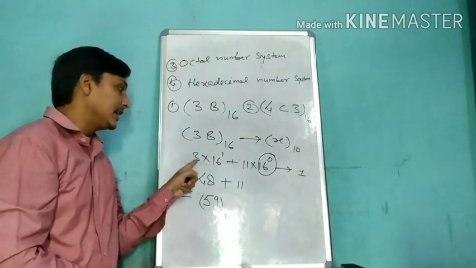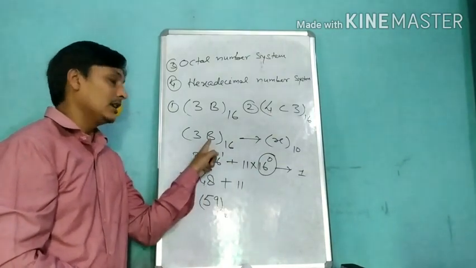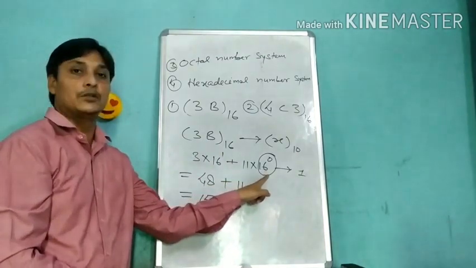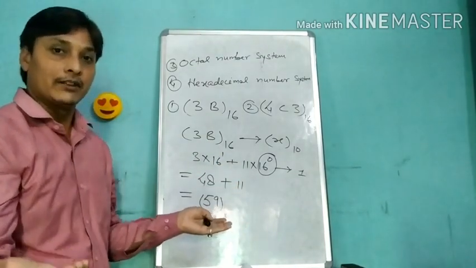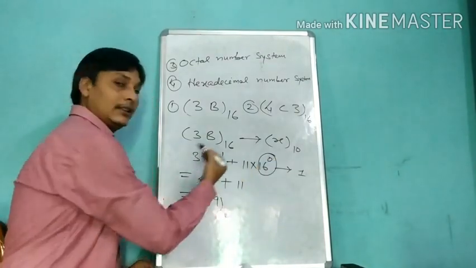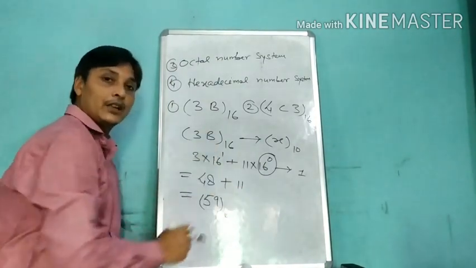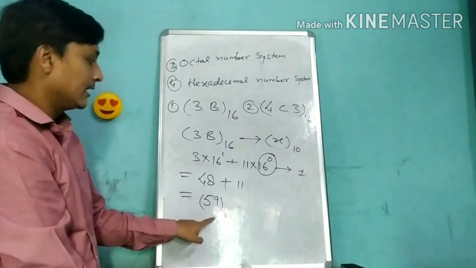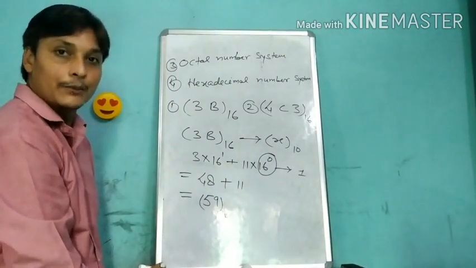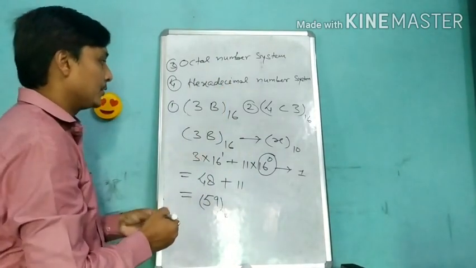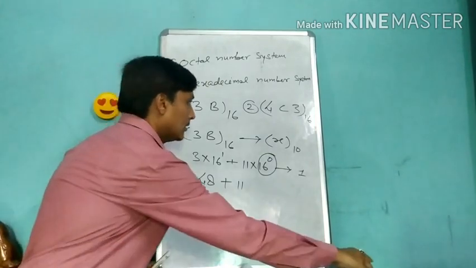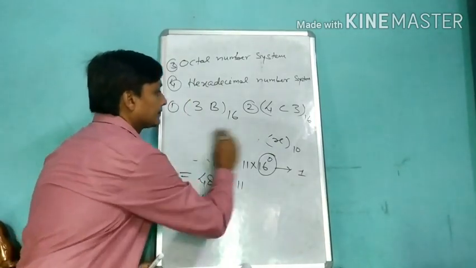I have given 3 into 16 plus the value of B, which is 11, 11 into 16. Now the method will be as it is, powers 0 and 1. Calculate the value, it will come 48 and this one will come 11. So the value will come 59. Any problem? Likewise, if you want to solve the other one, how can you solve it?